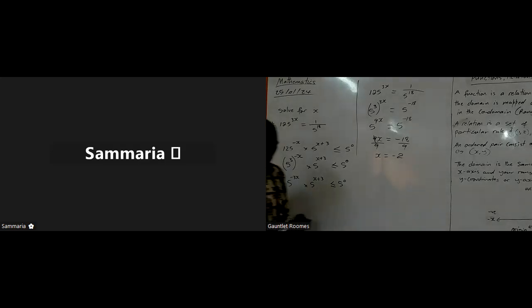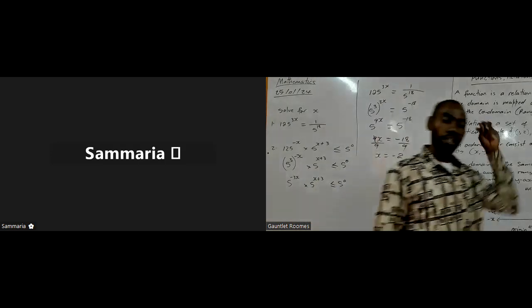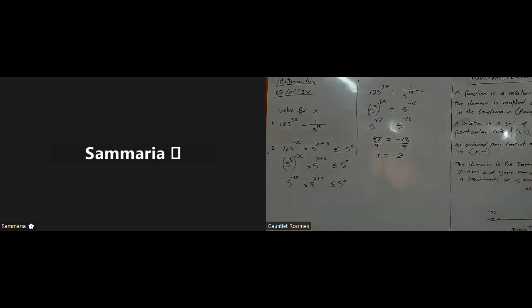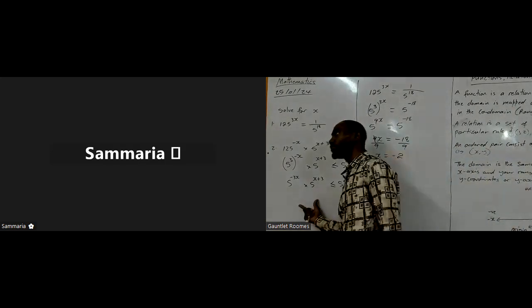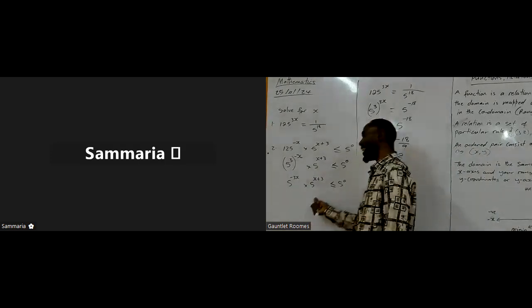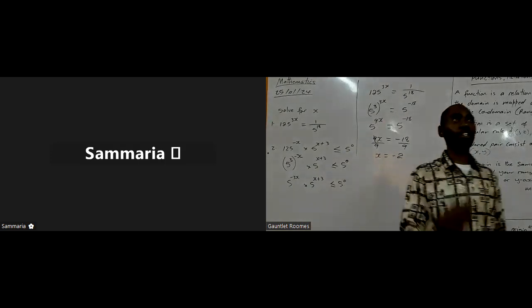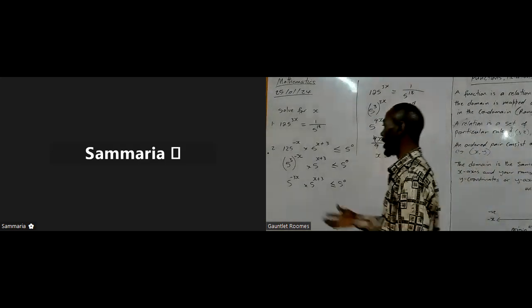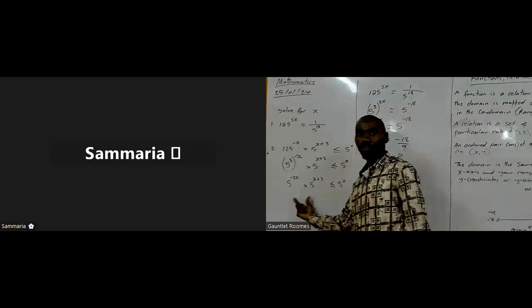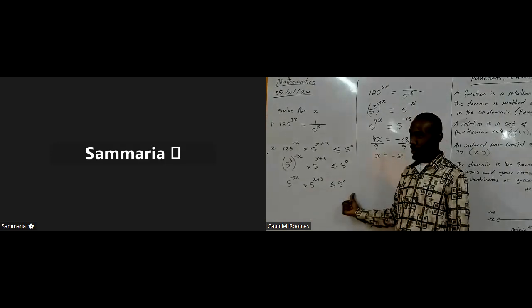Please remember the rule that we must have an equal number of bases on either side of the equation. So when we look at this, while we have equal bases, we do not have an equal number of bases. Because over here we have what? 2 base 5. Over here we have only 1 base 5.